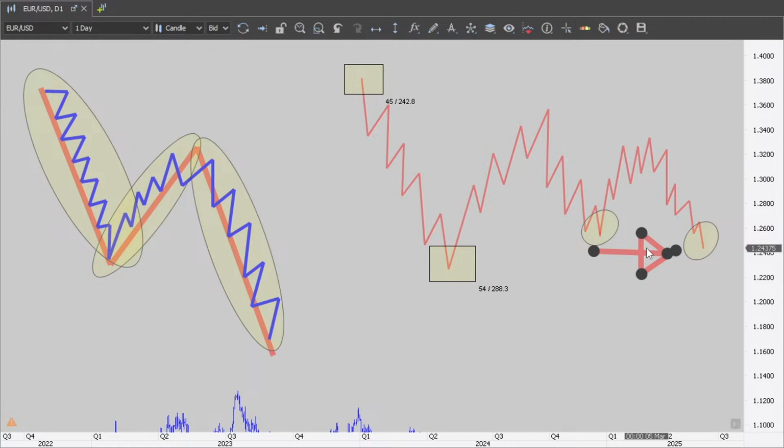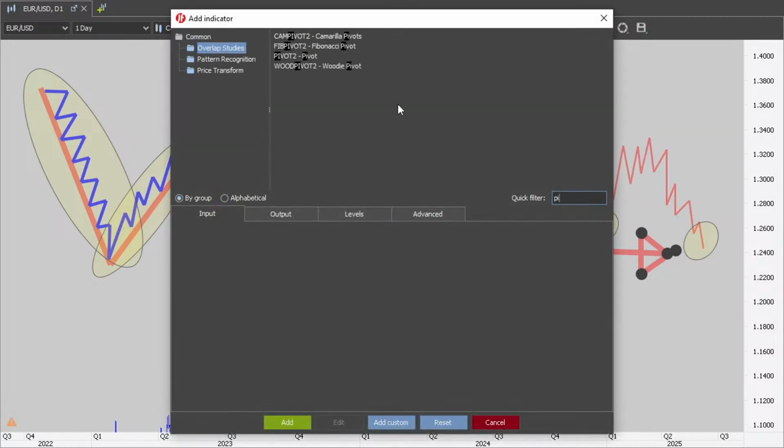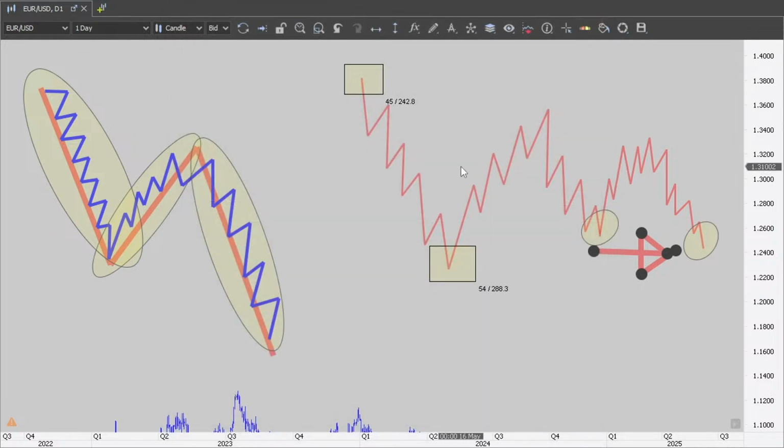Sam is saying that I'm using the pivot point indicator. Let me see if this is the one, pivot. I cannot find which one is the correct one. Not both?